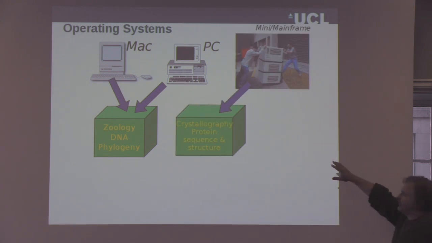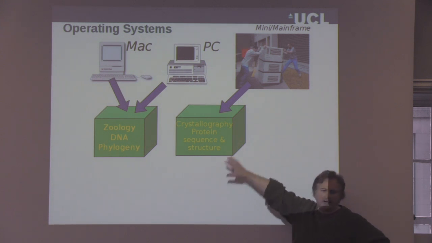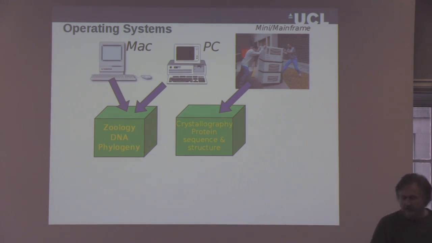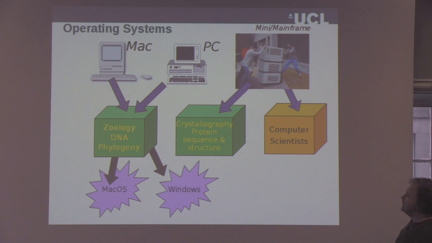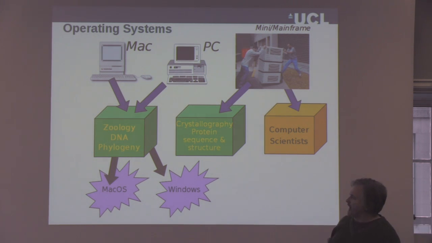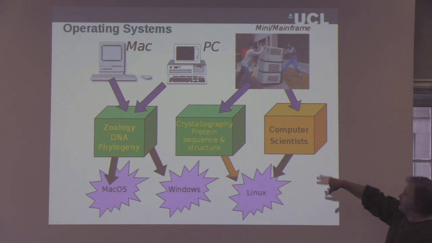Whereas people doing things like crystallography, handling larger amounts of protein sequence and structure data, would tend to have used these bigger DEC VAX machines that I showed you earlier, and also computer scientists would tend to use that sort of thing, which means that these days people from this sort of background tend to use Mac and Windows more, and people from this sort of background tend to use Linux more.